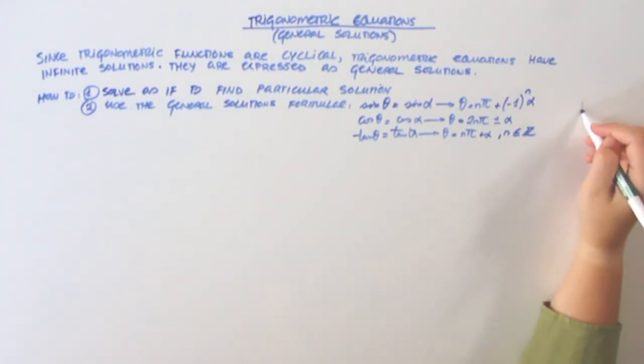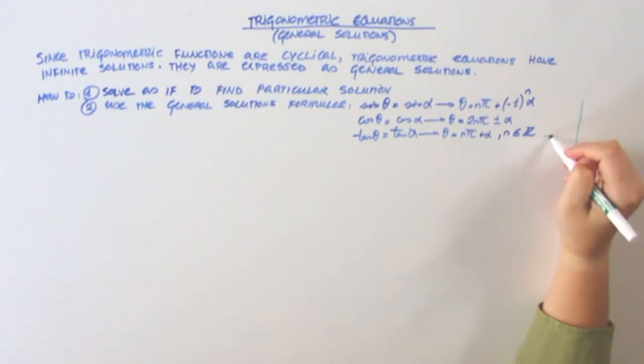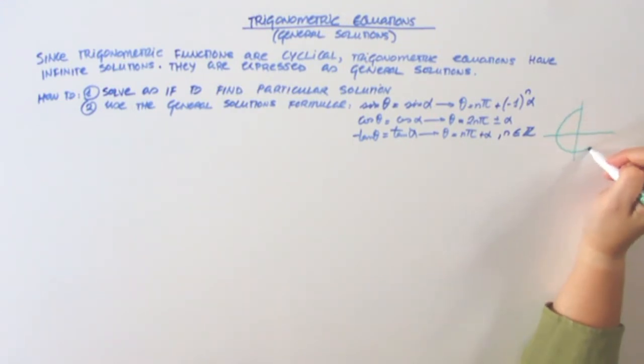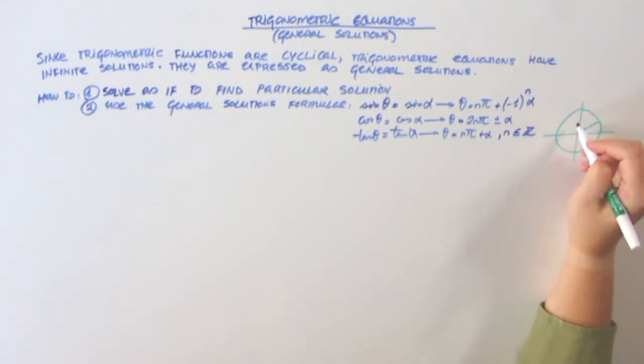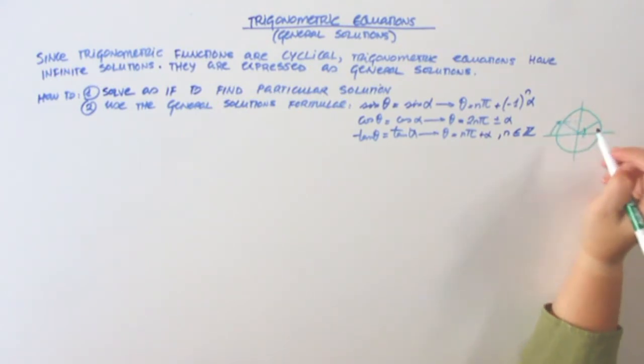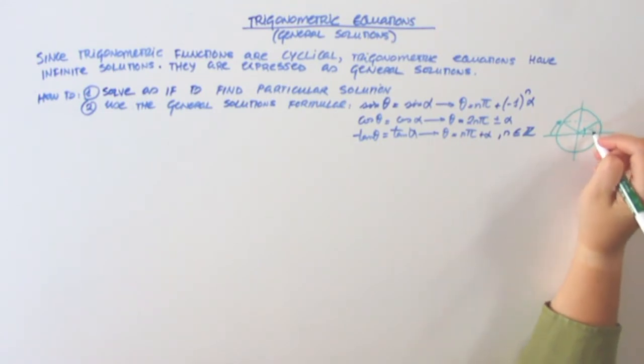And remember, this is just coming from what we know the sine and the cosine represent. If I've got any angle in the first quadrant, I'm going to find the reflection in the vertical axis to have the same sine. So I can go from pi radians, go backwards that angle, and I will find the same value for the sine.